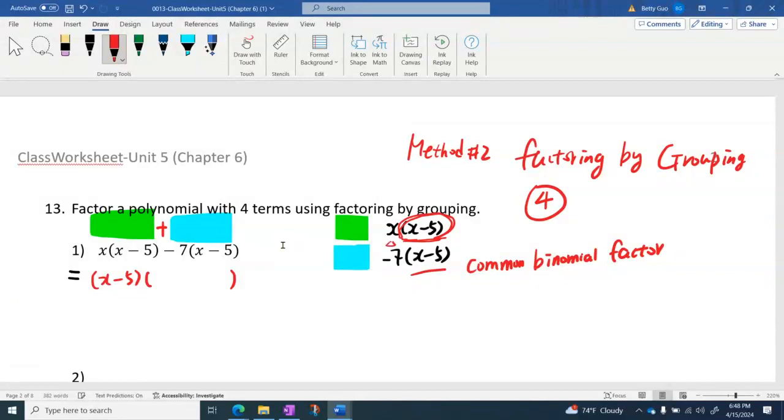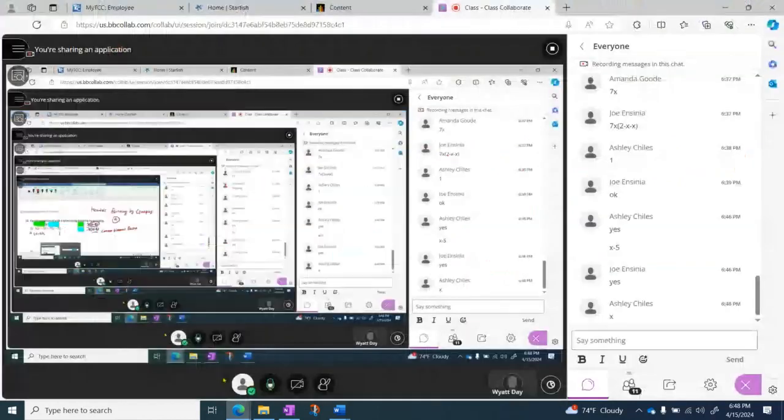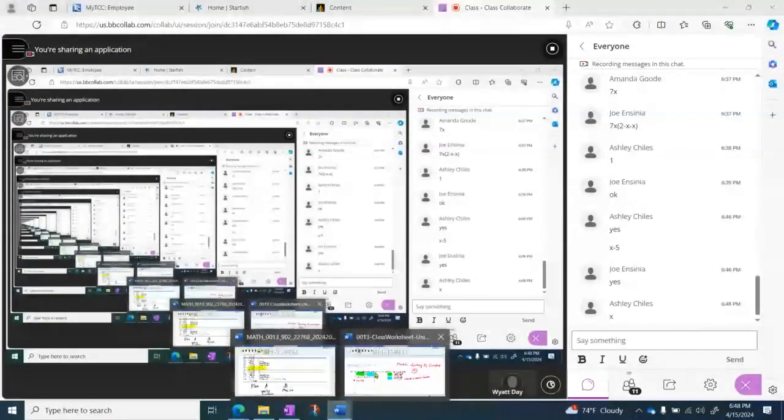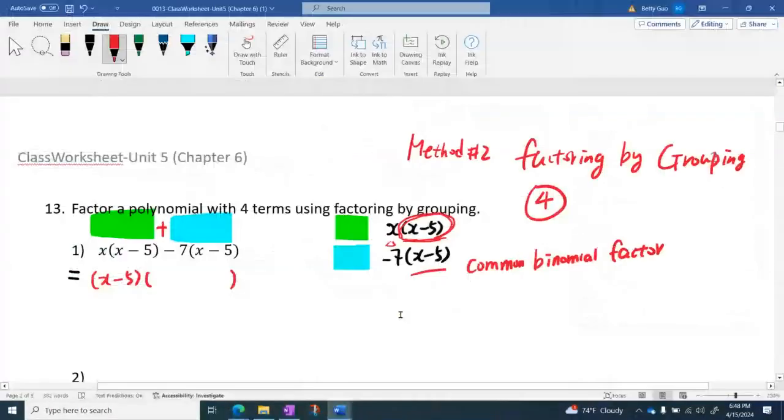And what's the leftover factor from the green part? Very good. It is x.